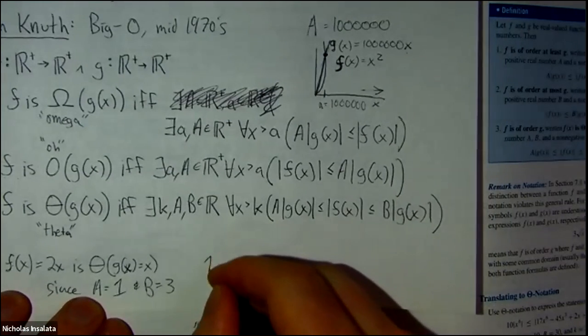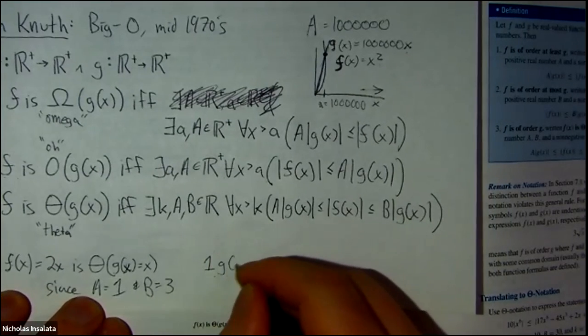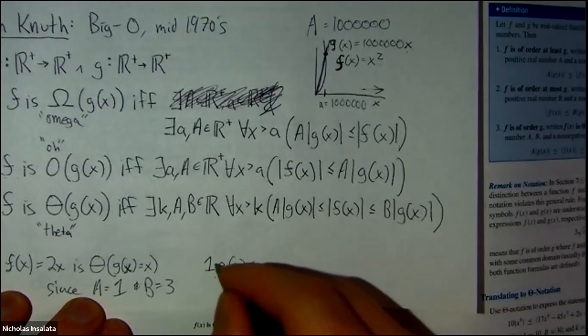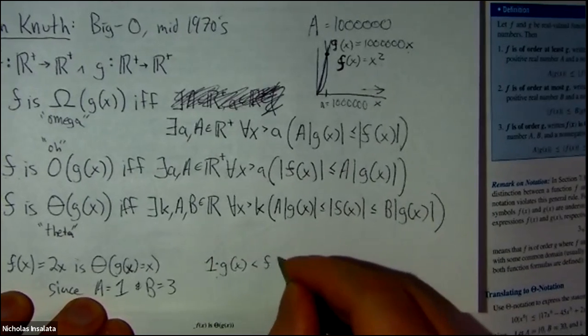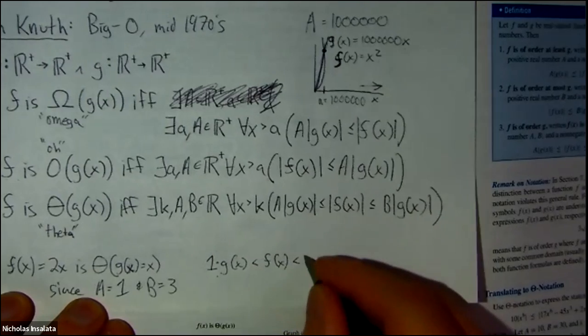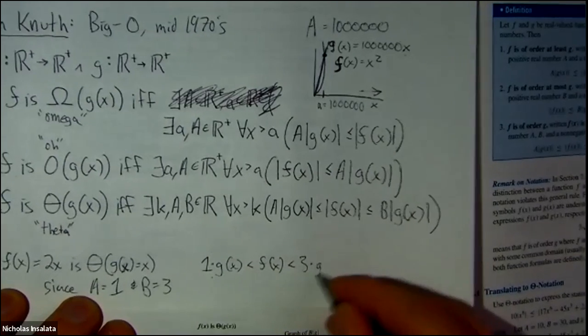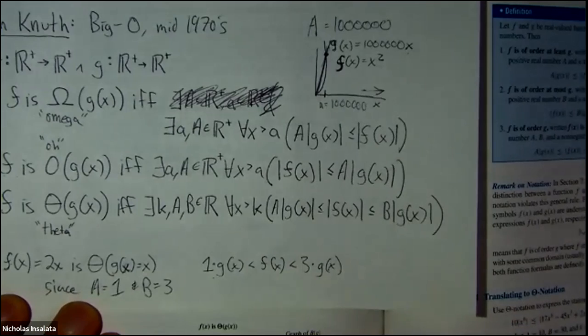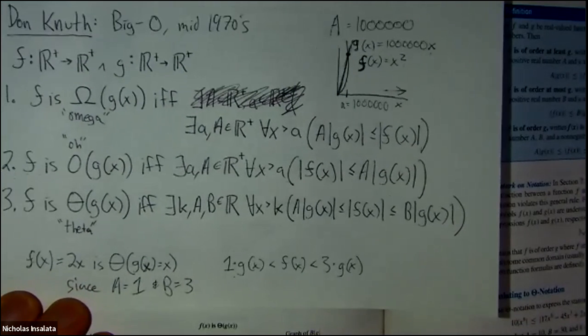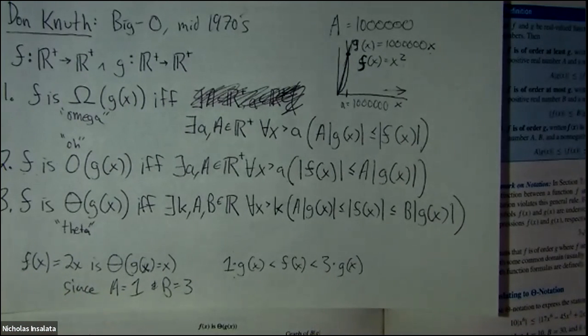We're going to have 1 times g of x is less than f of x is less than 3 times g of x. Right? And by modifying that coefficient, A and B, I can change g of x to be either below or above f of x. Let me give you another example.